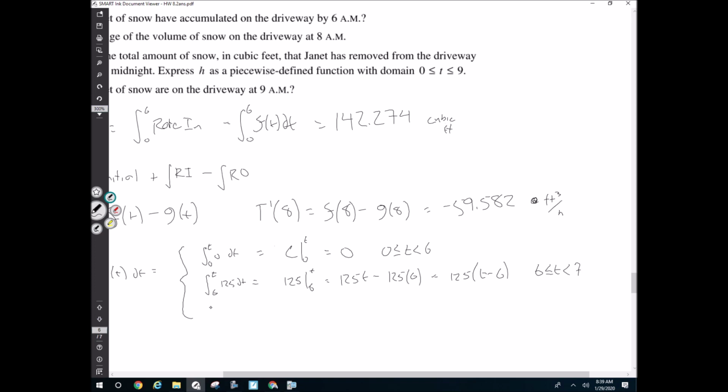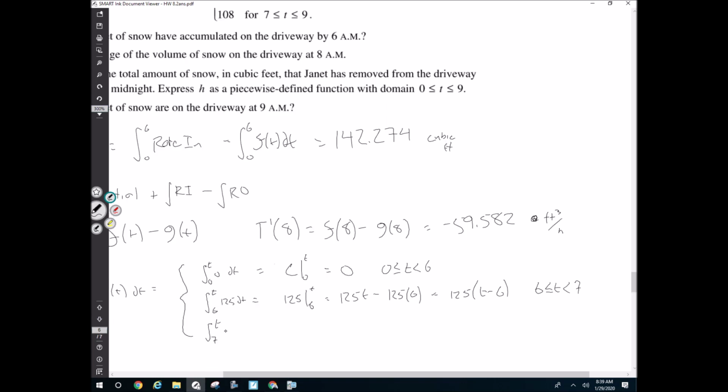And then the final one would be the integral from 7 to t of 108. So that'd be 108. I don't want to say t, let's use x, because it's 125x. This would be 108x from 7 to t, which would be 108t minus 108 times 7, which is 108 times t minus 7.